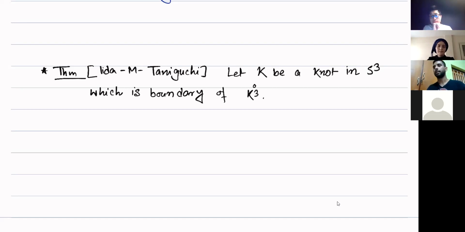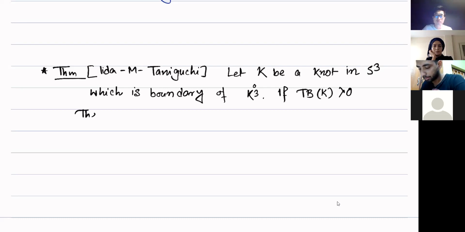That means you take this four manifold, you take out a four ball, and then you think of this knot sitting in the boundary. And if the Thurston-Bennequin number of K is bigger than 0, then K is not H slice in K3. So let me explain these terms now.